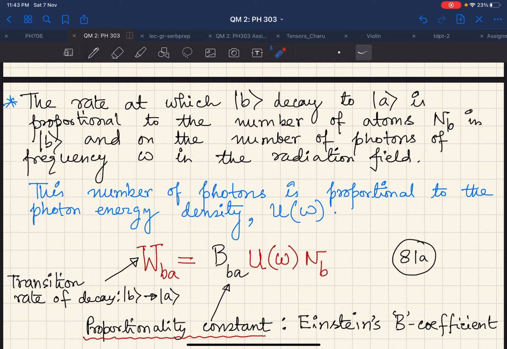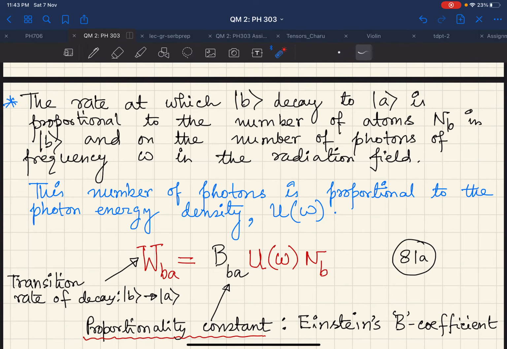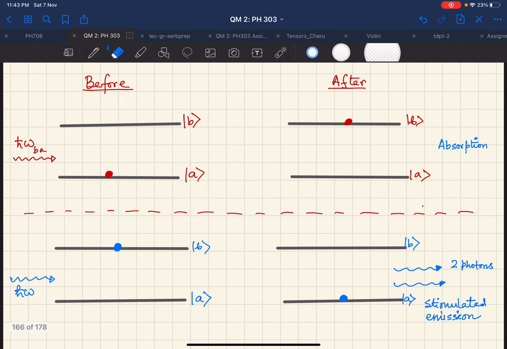This number of photons, which is interacting with the atoms of the wall of the cavity, is proportional to the photon energy density, which throughout our lecture we will denote by U omega. So at this moment, you can talk about the transition rate of decay from state B to state A.